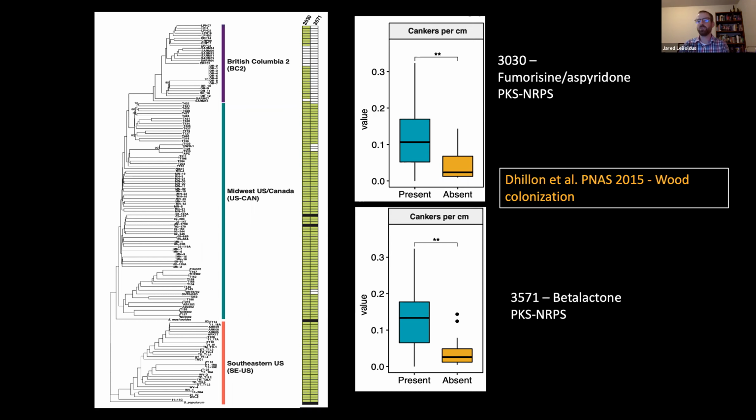Now, of course, at this point, this is still hand waving and finger pointing. And we're hoping to take this a step further and do the functional work, to do knockouts and see if we can get the phenotype to change. So anyways, that's something I'm really excited about in the direction we're moving.